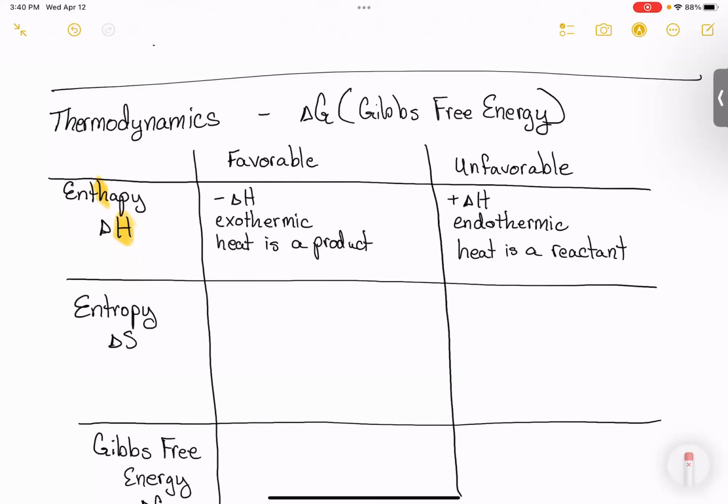It's going to be a spontaneous process once we give it that spark it needs. And so that is why heat is a product, because more heat is going to be generated as a result of the reaction than was required for that spark.